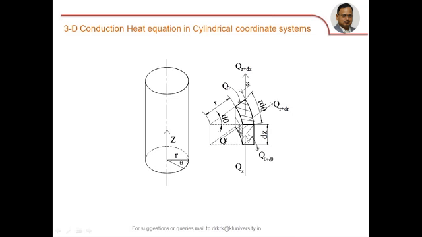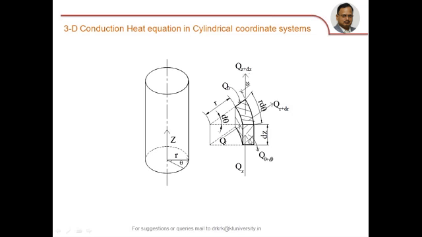The heat entering in the radial direction is q r, and heat leaving in radial direction at a dimension r plus dr is say q at r plus dr. Similarly, the heat entering in theta direction is say q theta, and the heat leaving at theta plus d theta is q at theta plus d theta. Similarly, the heat entering in z direction q z, and the heat leaving is say q at z plus dz.